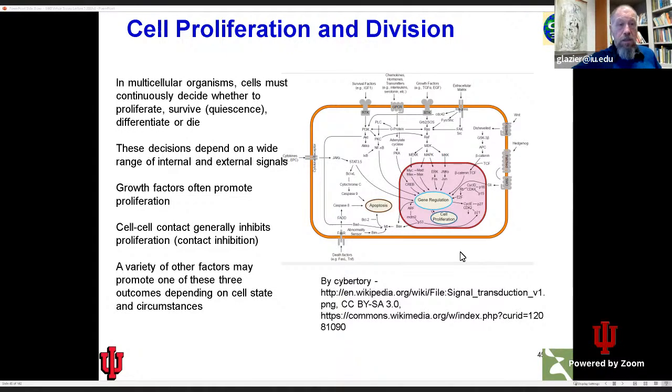And normally that energy comes in the form of glucose, although there are other particular cell types that use other energy sources as well and other material sources. The second thing that the cell needs in order to be able to survive and grow are typically growth factors. So cells don't grow and divide in a vacuum.